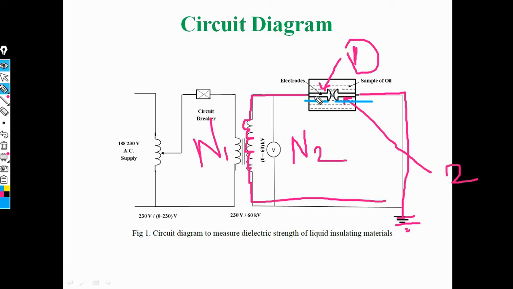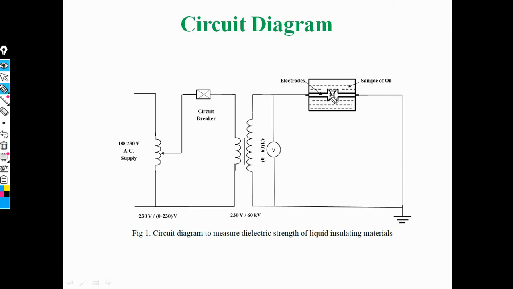Now here there are two electrodes, and the distance between the two electrodes is called small d. At that instant voltage breakdown takes place between them, and current I is flowing from this electrode to this electrode.